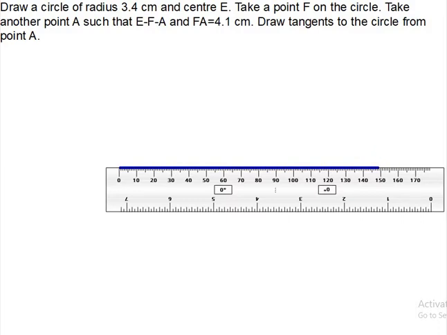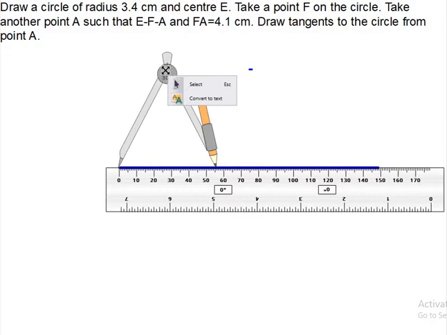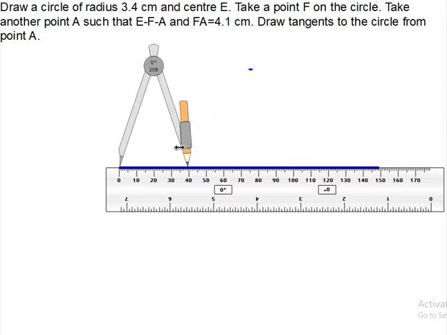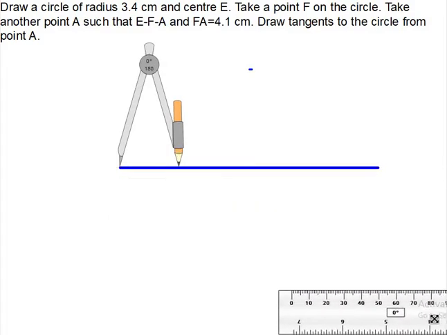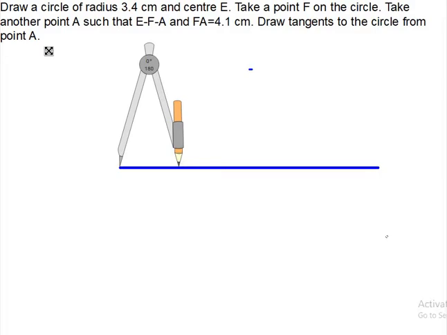Then after this I will take the compass, keeping the compass here on this point O. Take the measure 3.4 centimeters in the compass. See, here you have this measure, 3.4 centimeters, and draw a circle.